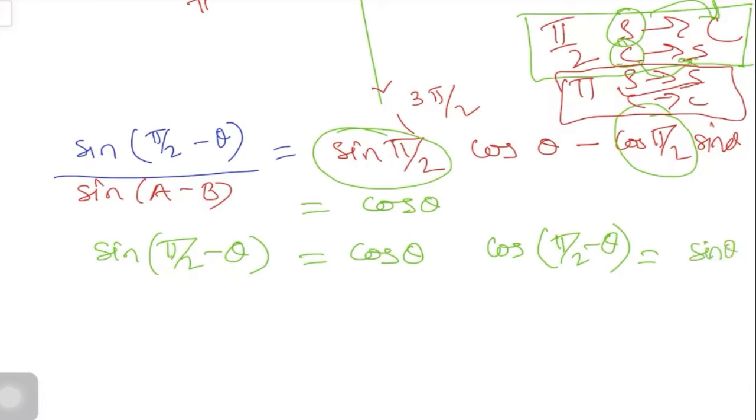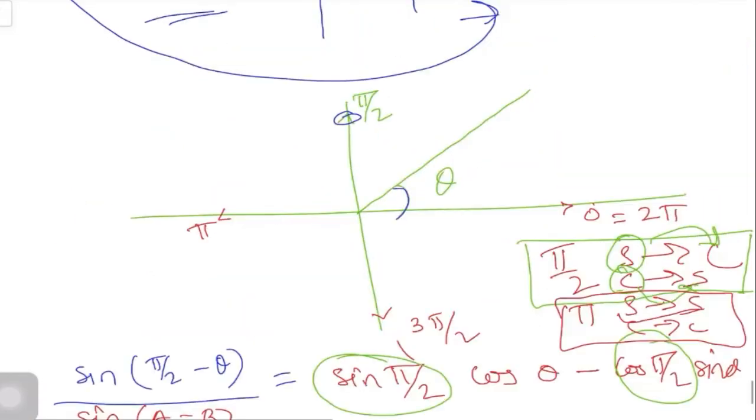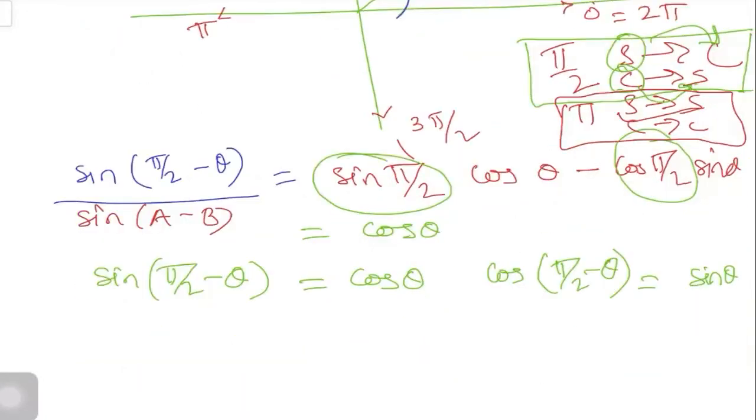Just because of using this expansion formula. Since for cos of pi/2 minus theta, this is your pi/2, minus theta, you are going to remain in the first quadrant. In the first quadrant both have positive sign, and you know that x stands for the cosine function and y stands for the sine function. So x has positive sign, that's why cos will have positive sign here. So that's why we are getting sine theta here.